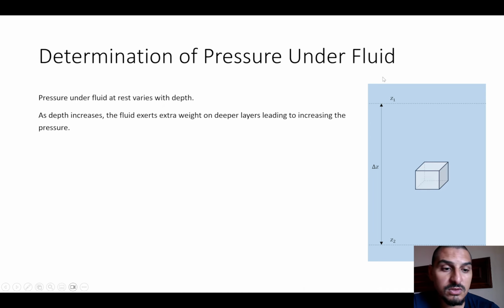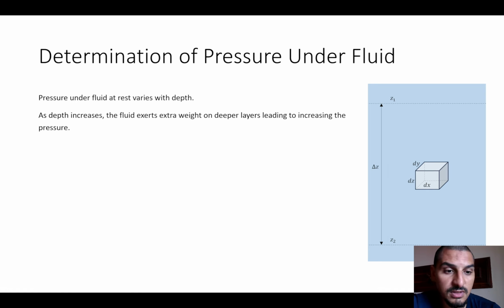To do this, we are going to do the calculations on a differential volume. It's a cube with dimensions dx, dy, and dz. And we're going to do the force balance as we did last time for the previous derivation.